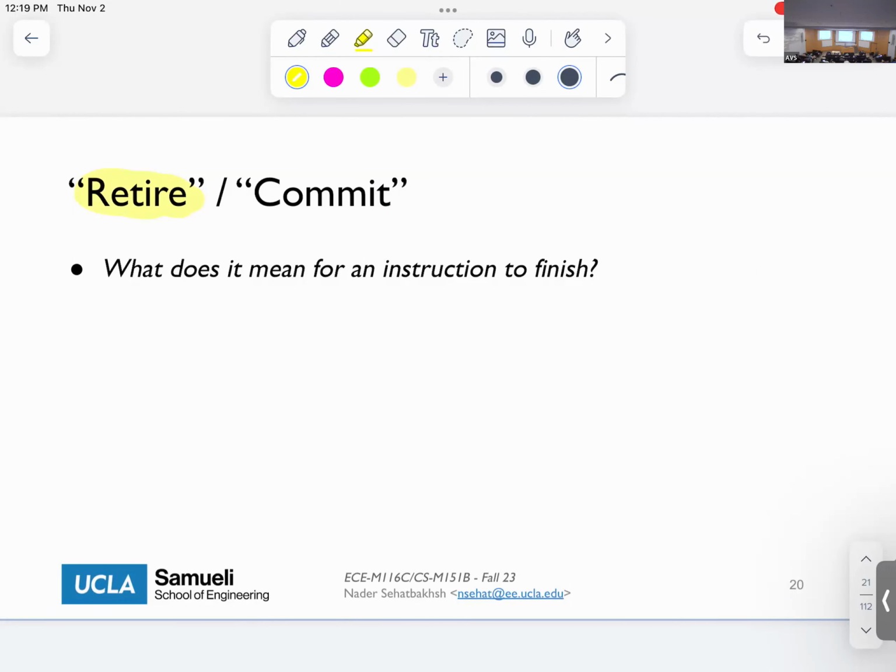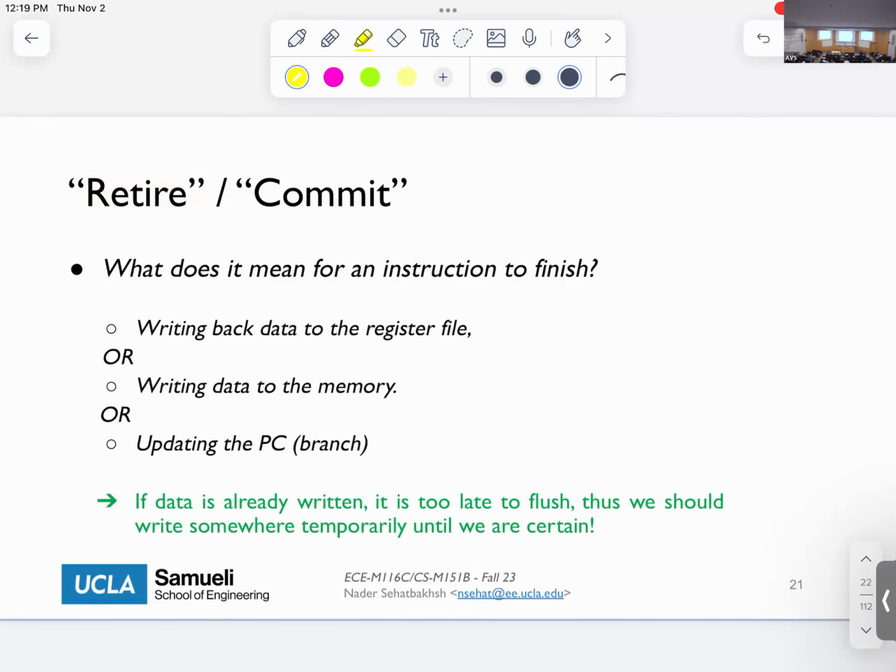So if you think about retire and what the difference is between completion and retire, you have to think about what it means for an instruction to finish, okay? And if you think about that, for an instruction to finish, one of these three or some of these three will happen, okay? So you either write the data back to the register file. This is a permanent thing that you do. Similarly, if this is, for example, a store instruction, you write it to your data memory.